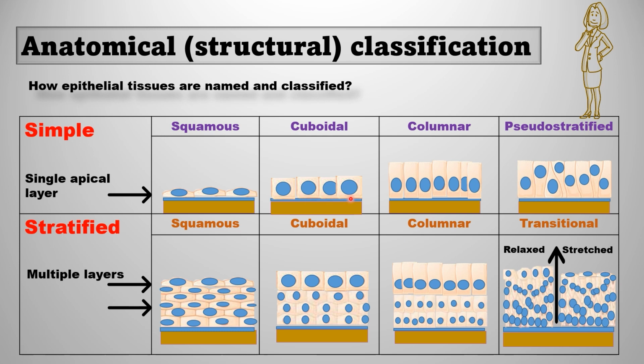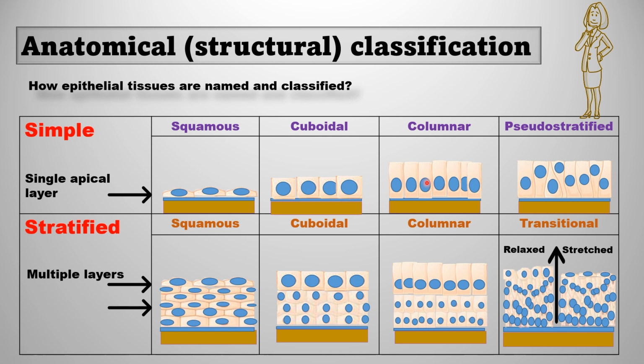It is one line. All of them emerge from the same basement membrane, and they are arranged in one layer. So it's called simple, and the shape is square-like, cuboidal. So this is simple cuboidal epithelium.